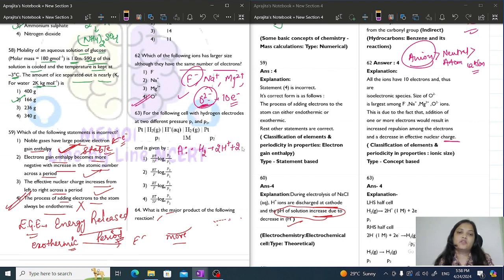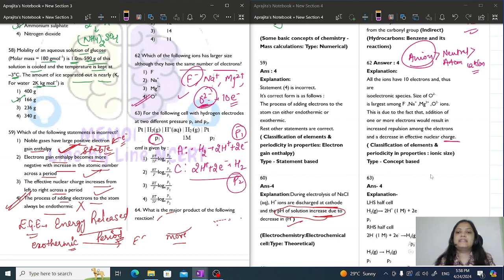So oxidation will happen, and at the cathode reduction will happen. 2H plus 2 electrons will give hydrogen gas. So this is the reaction that is happening. P1 is the pressure at the anode, and P2 is the pressure at the cathode.